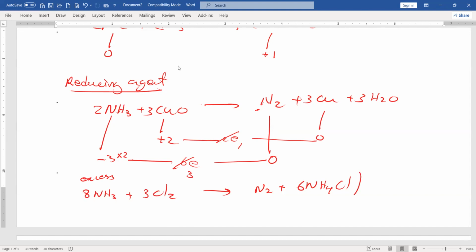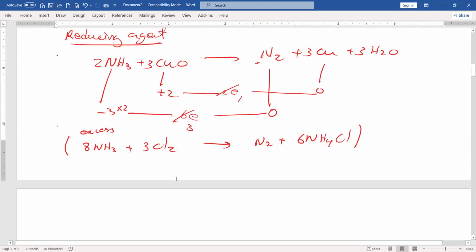You may go through the note, the reactions of ammonia in group number 15. So you will see how this reaction really happens. This can be written as two steps. First, ammonia will react with Cl2 giving N2 and HCl. HCl is an acid.